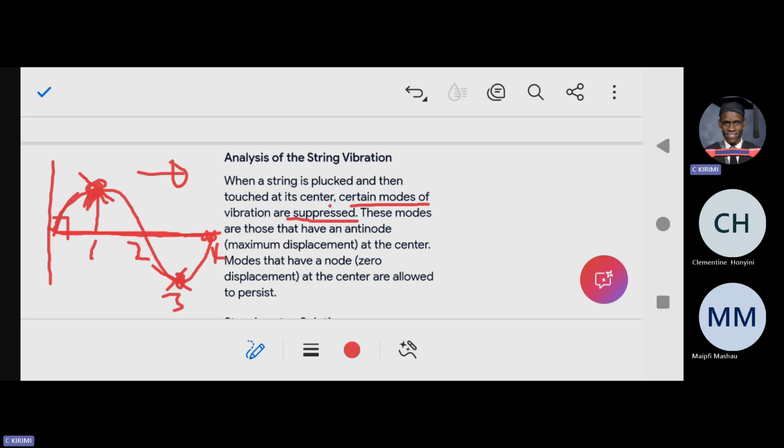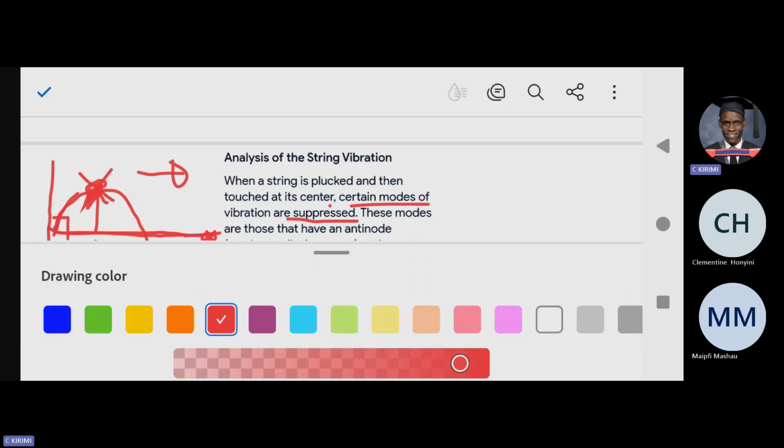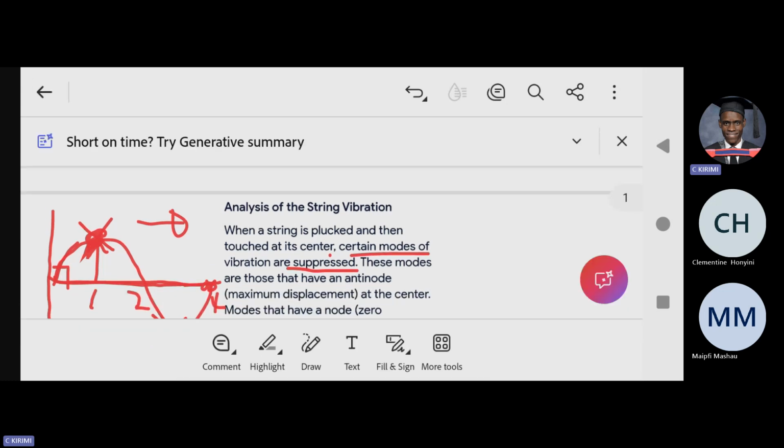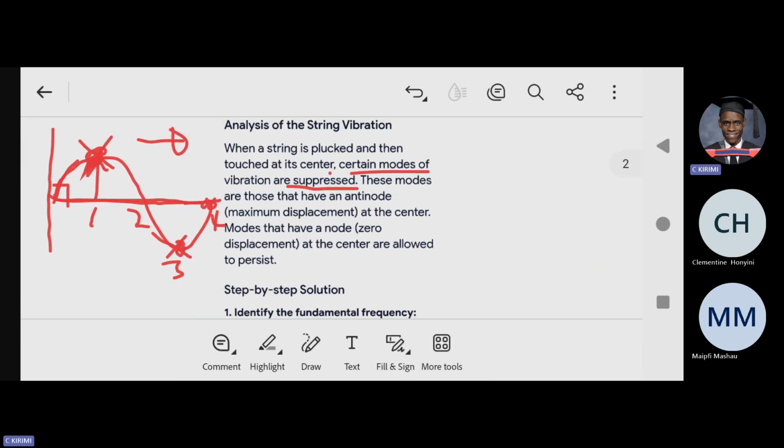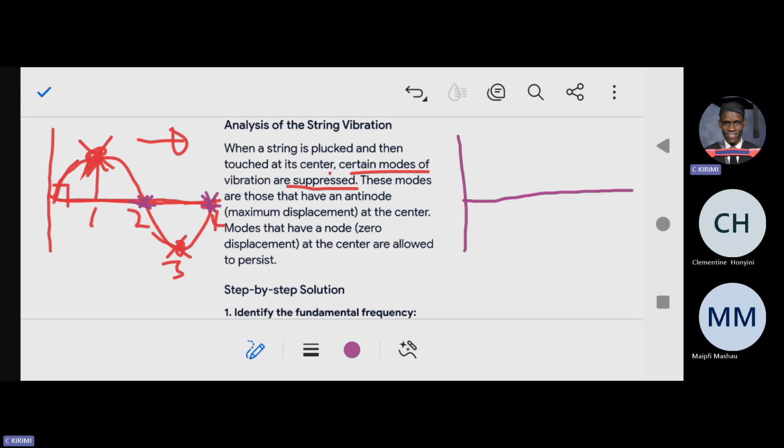This one is suppressed. So you are only left with the even ones which are not suppressed, which are the nodes, not the antinodes. So at number 2, it's not suppressed because the displacement is 0. At number 4, it's not suppressed, and so on. So we are choosing only even numbers because our wave is going like this.